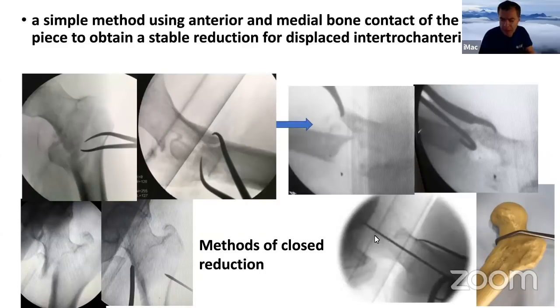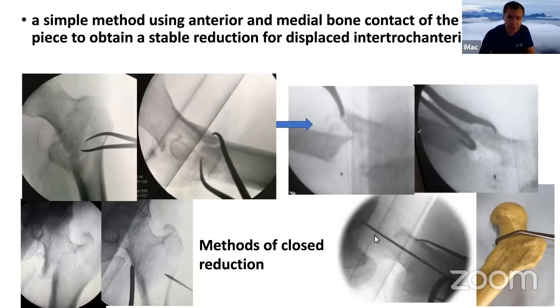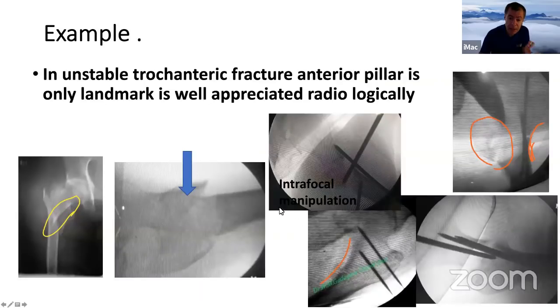Can I ask something? Yeah, sure. I think this is what is in the slide right now. It's a major topic, and it is not well addressed in many of the papers and the literature. It is that this anterior pillar is the only landmark we can appreciate.